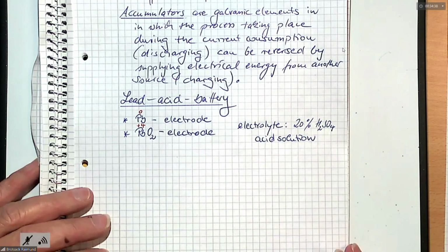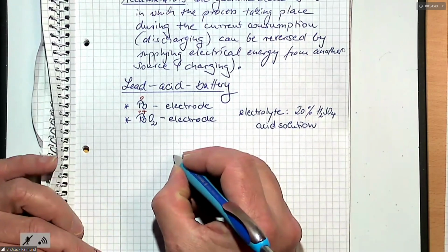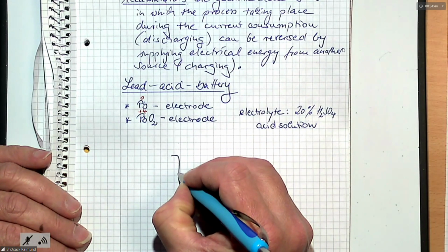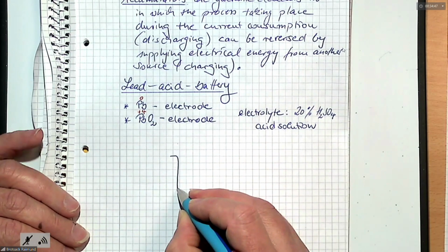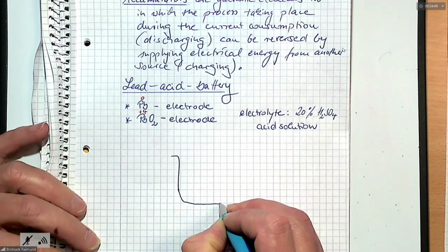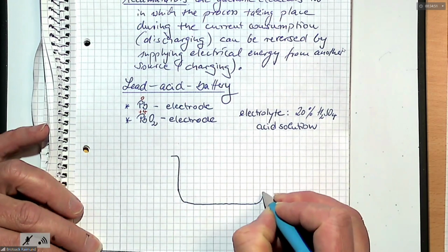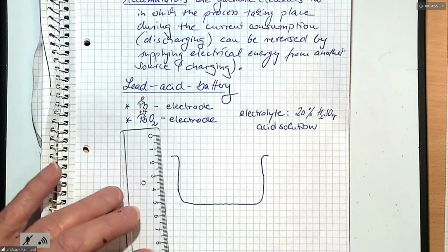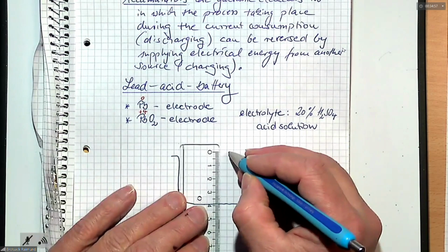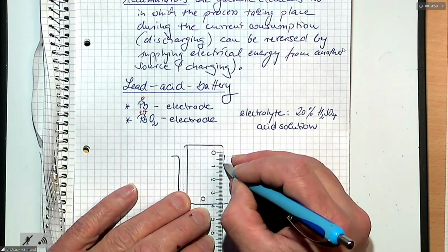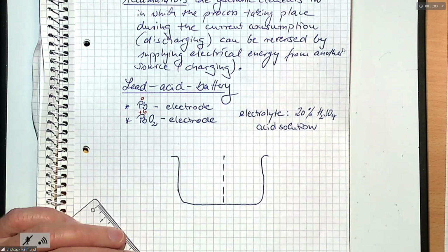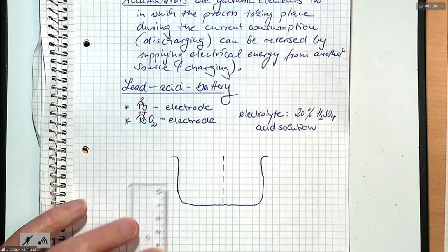The system looks like that. We have our container where the solution, the acid is in, and the electrodes are dipped in. And we have the semi-permeable membrane. So here in between, we have the membrane, as we already know it, permeable for the sulfate ions.